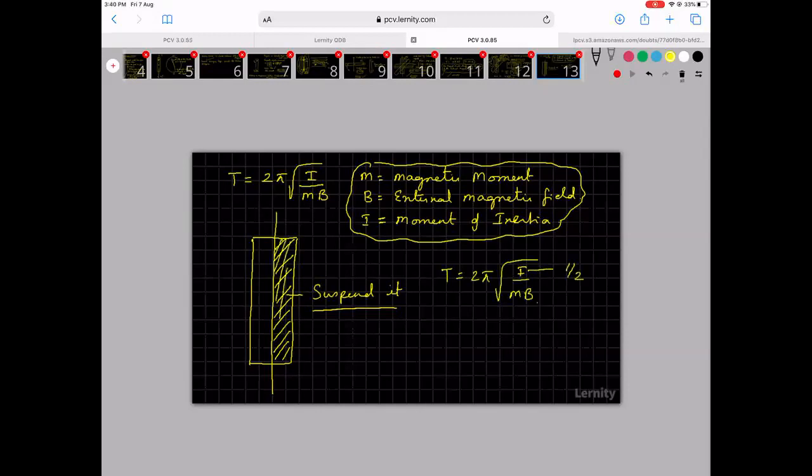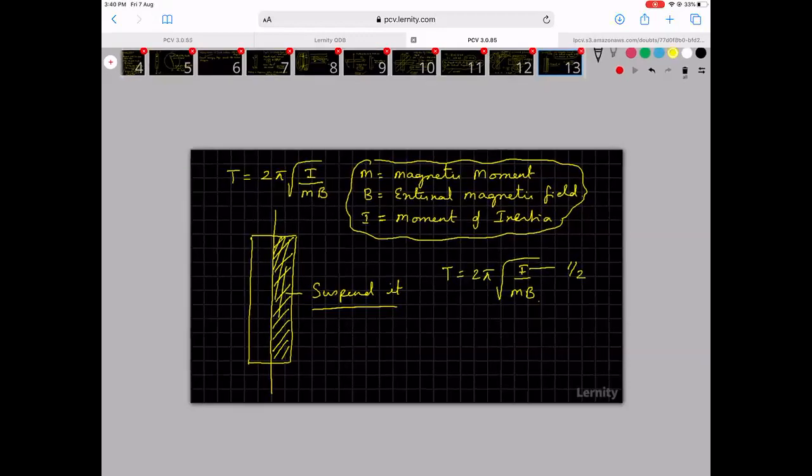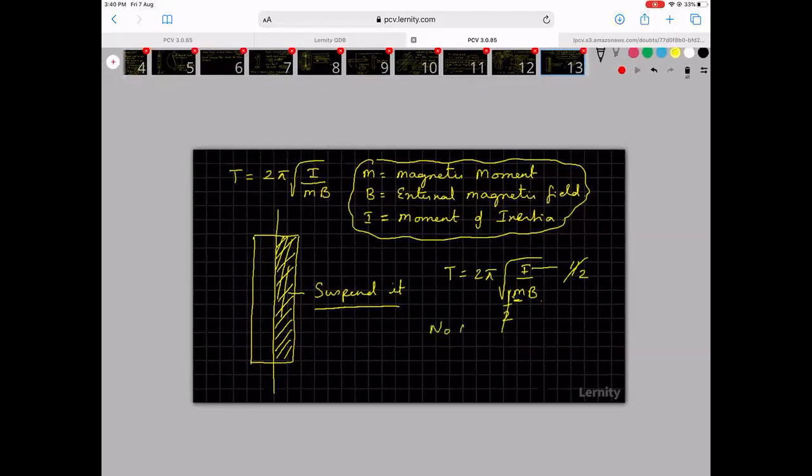I will become half because mass is becoming half. What will happen to the pole strength? Pole strength will also become half, so m will also become half. So the half will get cancelled. There is no change in the time period.